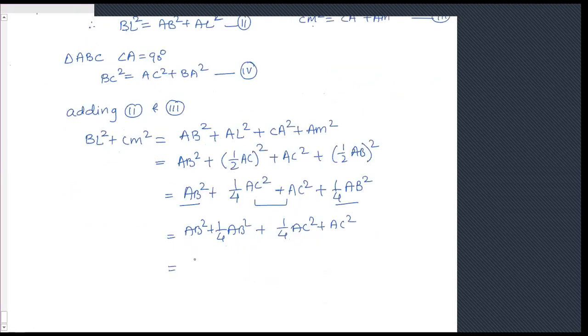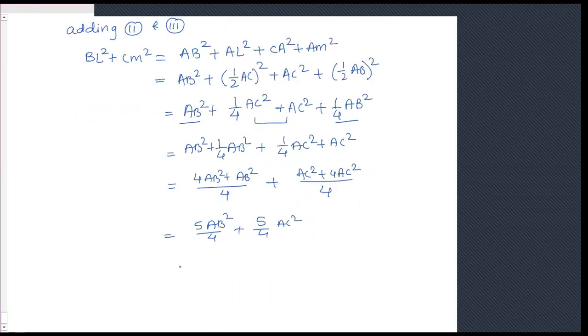Taking LCM, it will be 4AB square plus AB square by 4, plus 4AC square plus AC square by 4. So it will be 5AB square by 4 plus 5 by 4 AC square.